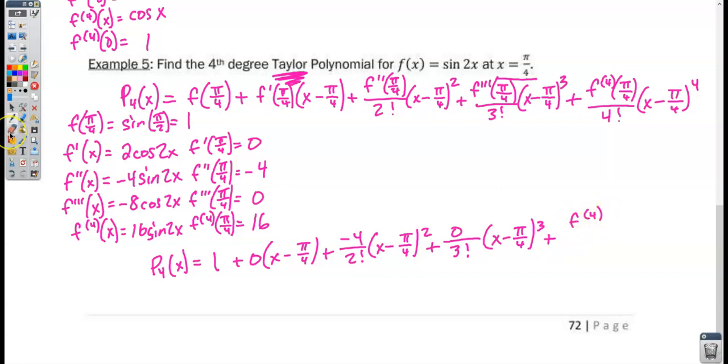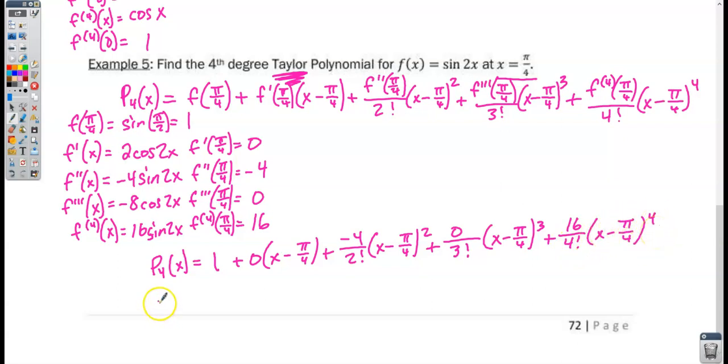Oops, let's replace that with what it's equal to. It's equal to 16. And so that's 16 over 4 factorial times x minus pi over 4 to the fourth.